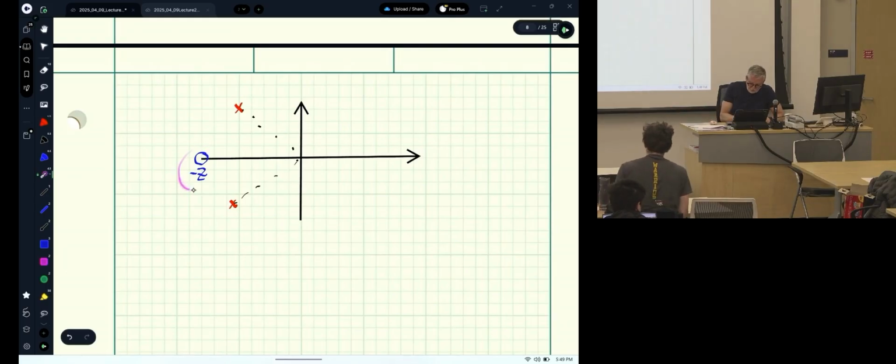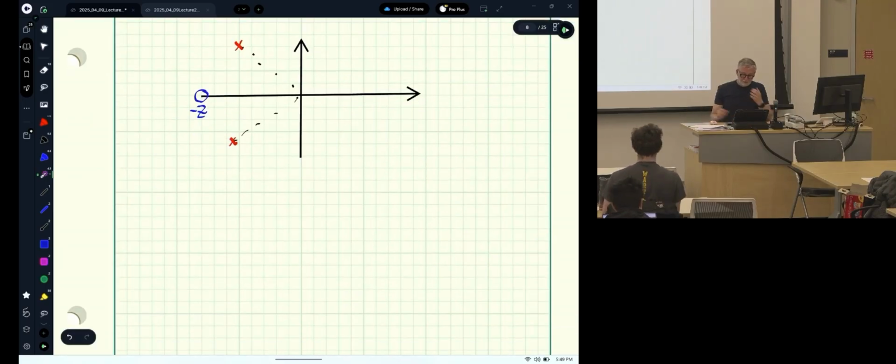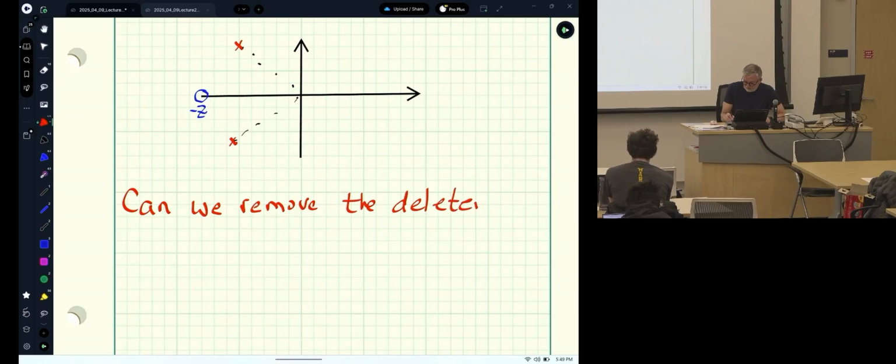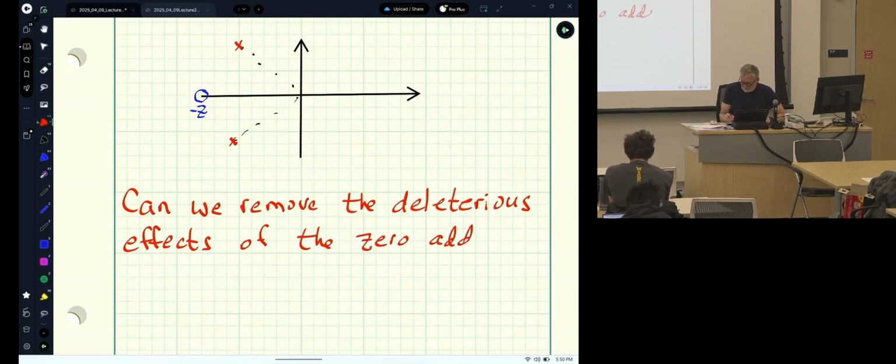So is there a way to remove this zero? And the answer is yes. So can we remove the deleterious effects of the zero added by the PD controller?